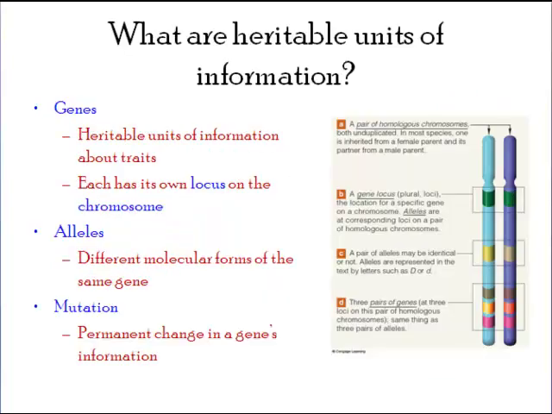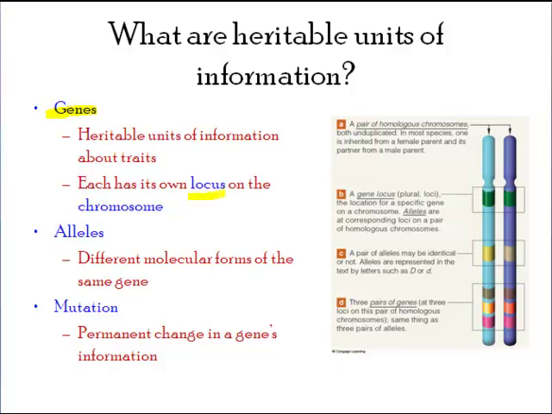Some more terms. The word gene is a unit. Genes are regions on the chromosome where the information for coding a particular sequence is present, and this coding will be expressed as a unique characteristic or trait.